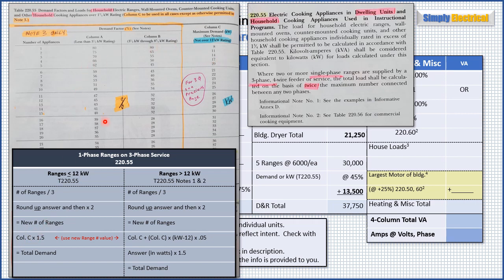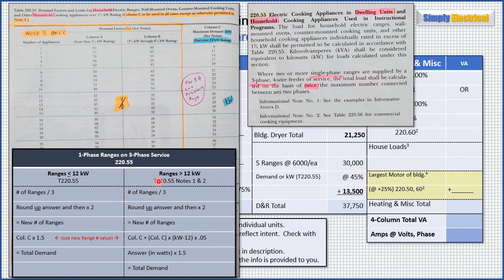You multiply that by 1.5, and that gives you your total demand. That's for ranges less than or equal to 12 kW. I put a little red note here just as a reminder that you're using your new number of ranges here. Same with this side over here. So that one's pretty straightforward.